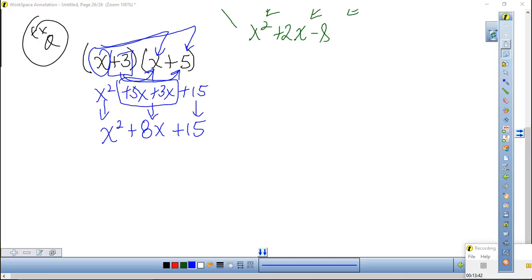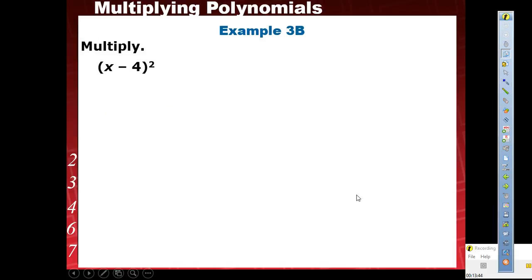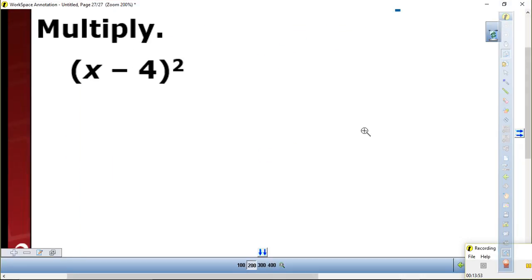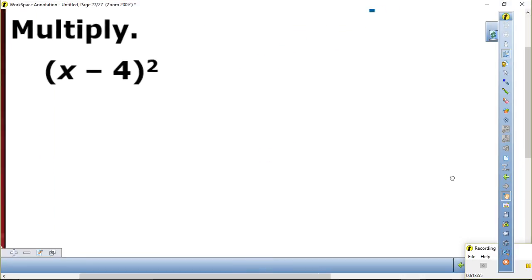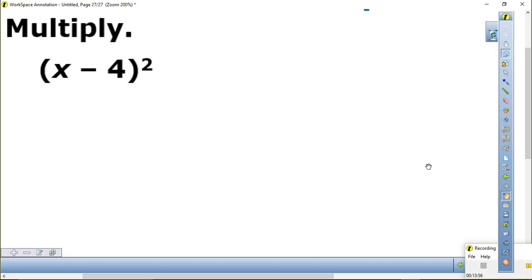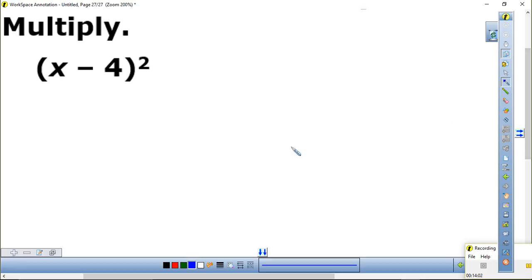All right, copy this next one. Example 3b. Parentheses, x minus 4, close parentheses, squared. Now, before you do anything else, let me show you what not to do. Now, in the past, I showed you something similar to this that looked like this.